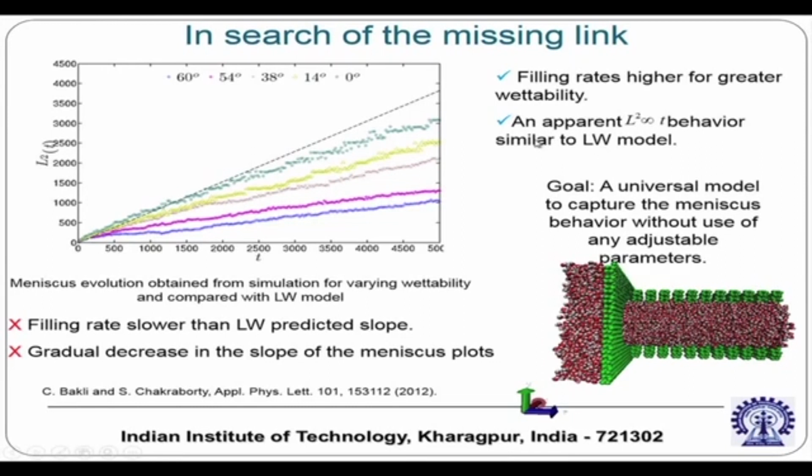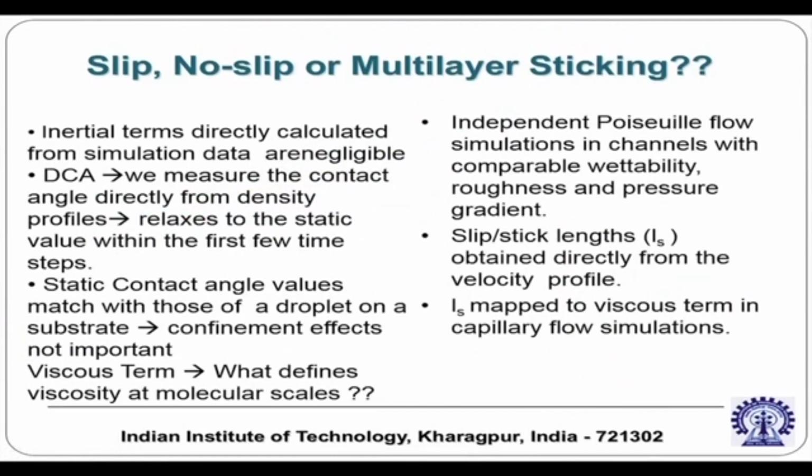But whatever the classical Lucas-Washburn model predicts, the filling rate is slower than that, and there is a gradual decrease in slope of the meniscus as seen in these plots.